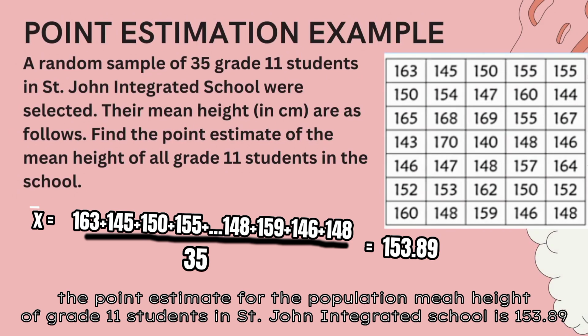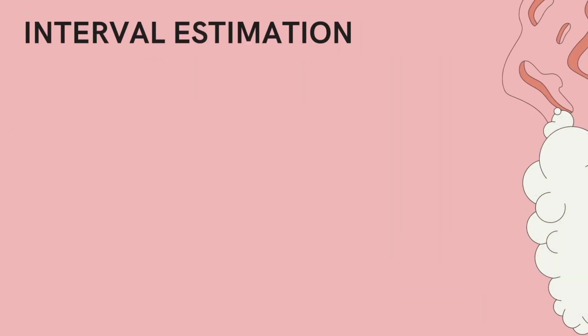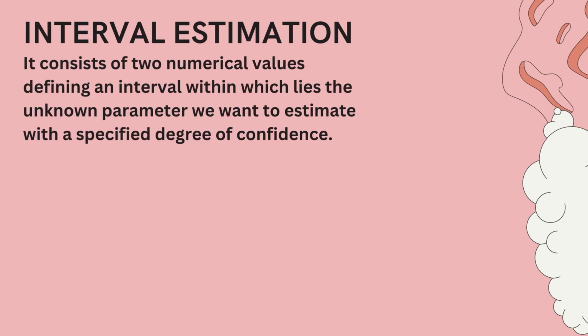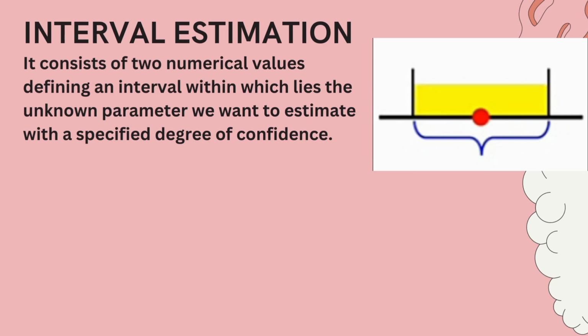Now, let us have interval estimation. It consists of two numerical values defining an interval within which lies the unknown parameter we want to estimate with a specified degree of confidence. Here is a pictorial representation of interval estimation.